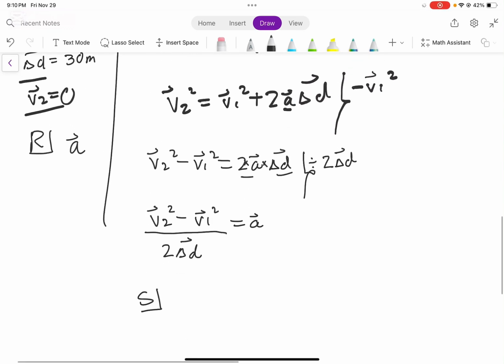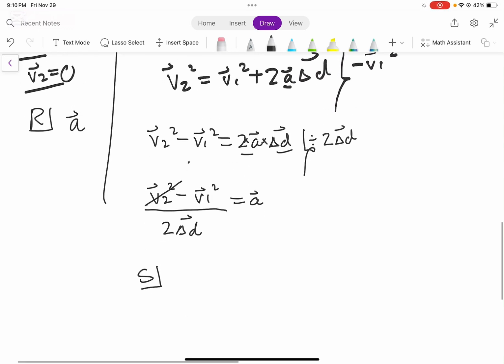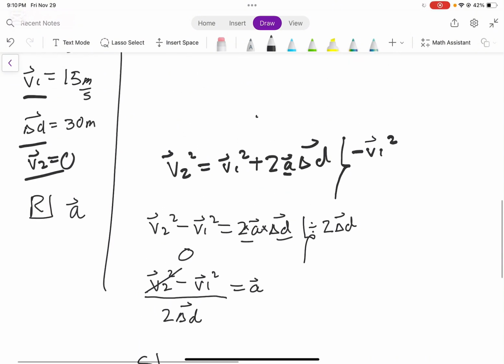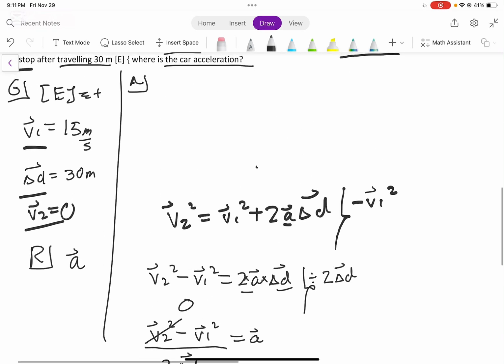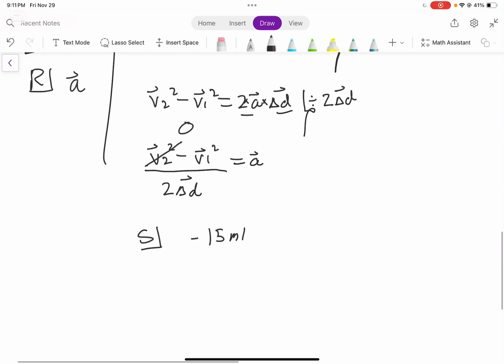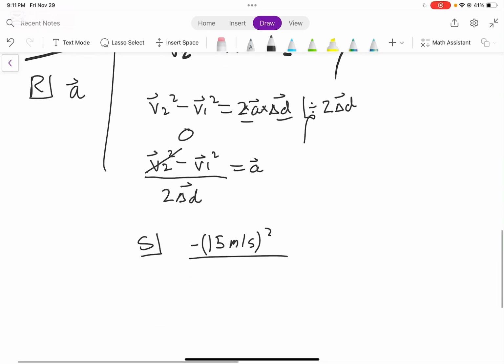We know that our V2 is 0, so actually we can just drop this whole term out. We know that the initial velocity is going to be, we can put a negative sign there, and then we can put 15 meters per second squared over 30 meters.